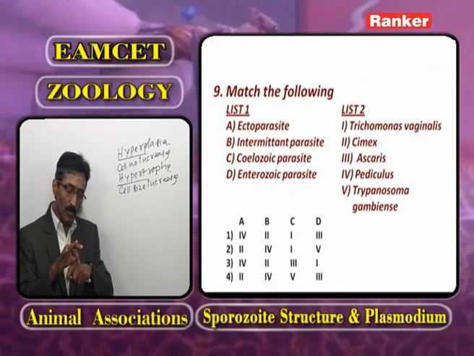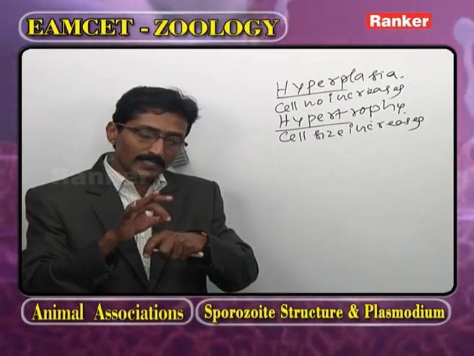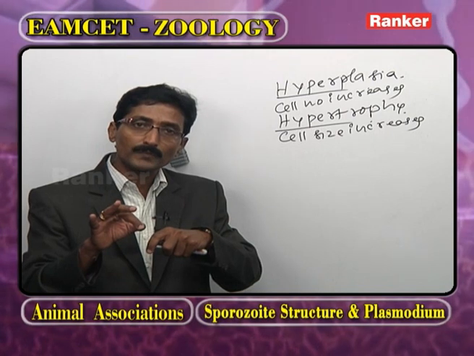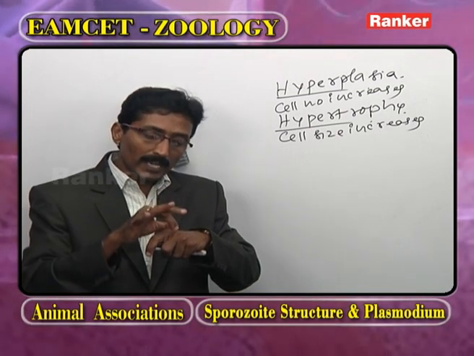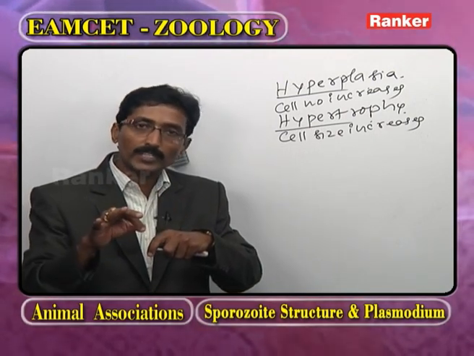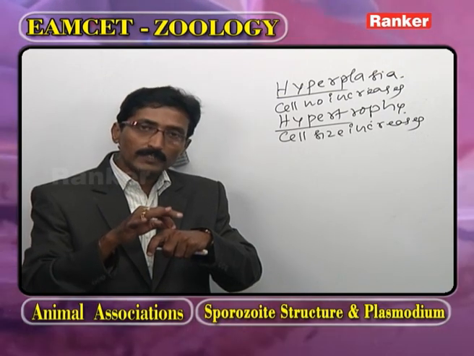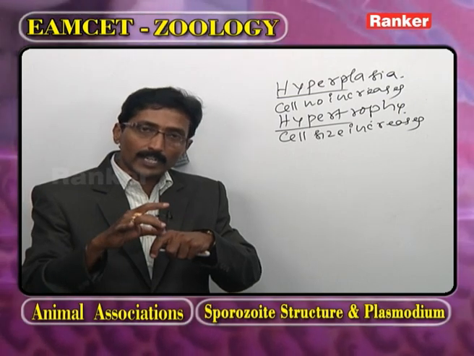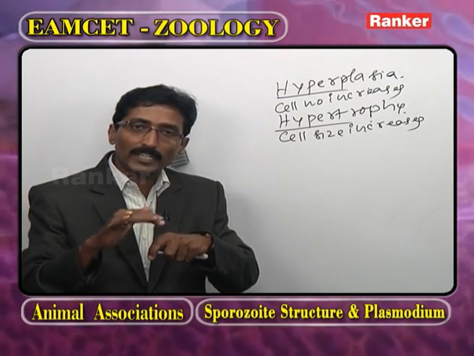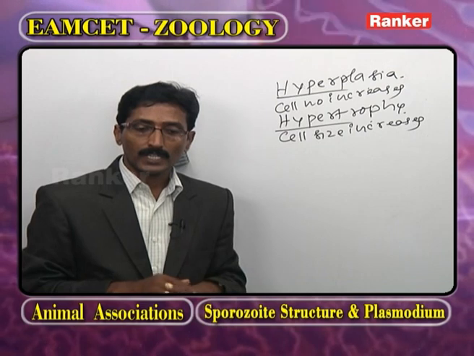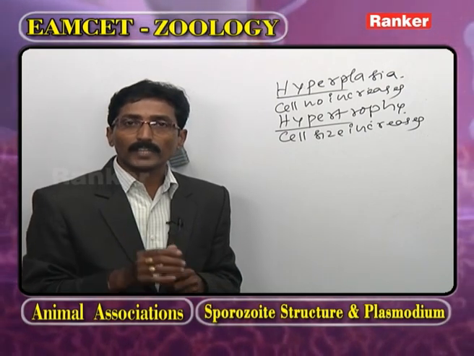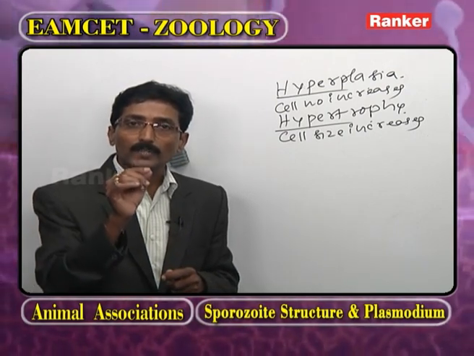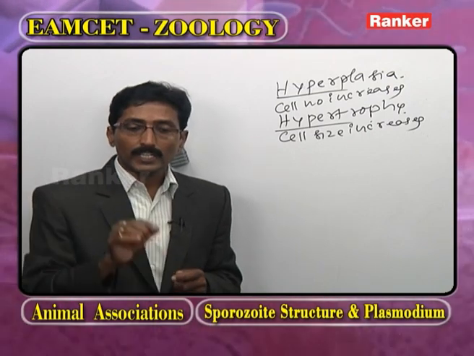It alights on our body, bites, sucks the blood and leaves. Bedbug: it bites, sucks and leaves the body. And leech: it sucks the blood and leaves the body. That is intermittent. What is the meaning of intermittent? Temporary. Now, what is the coelozoic parasite? The parasite lives in the cavities.